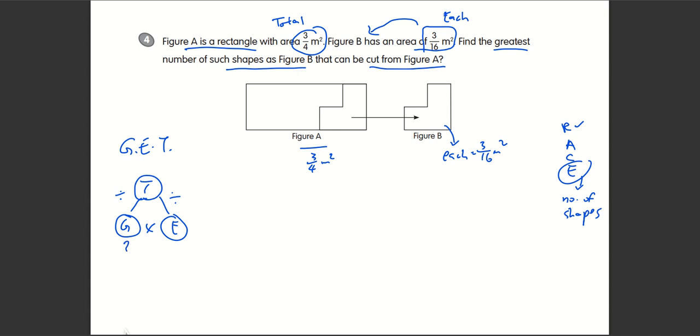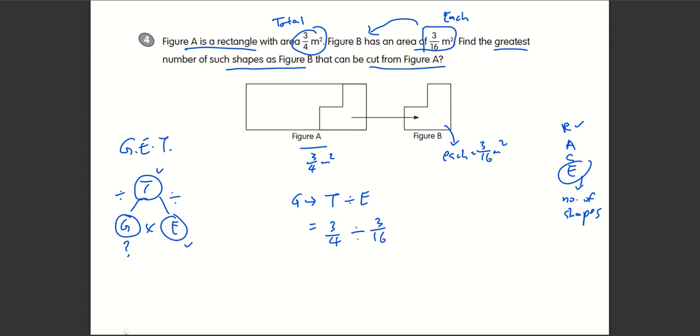So you need to look for groups, so you use divide. The total divided by each: the total is 3/4 square meters, divided by each piece, which is 3/16 square meters.